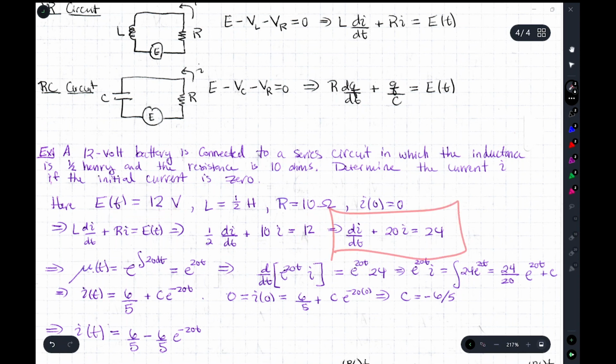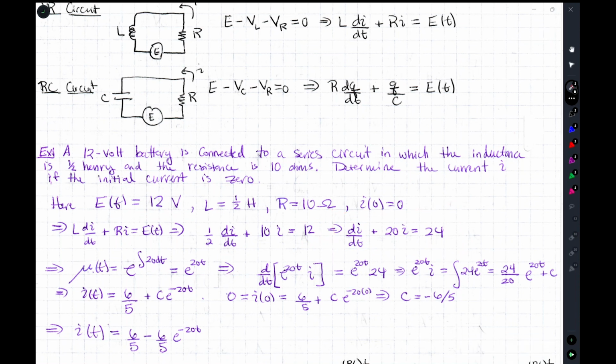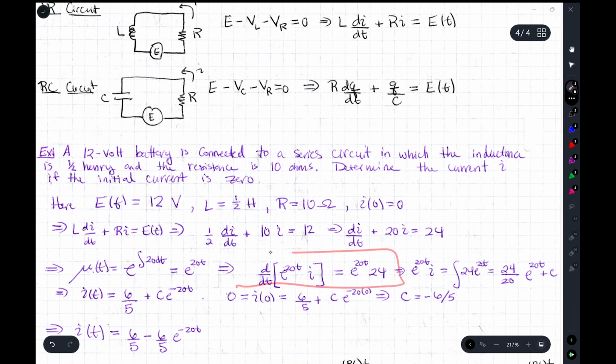So we have this differential equation. It's linear, of course, and we can use the linear method to solve it. We get our integrating factor, here it is. And so we get this relation here with the integrating factor times the right-hand side. Integrating a derivative is straightforward, and then we integrate the right-hand side. We get this. And so here's our general form for the current.